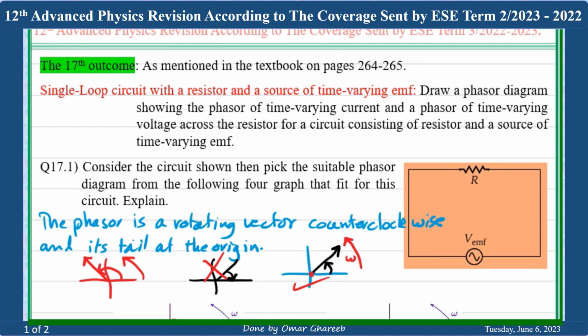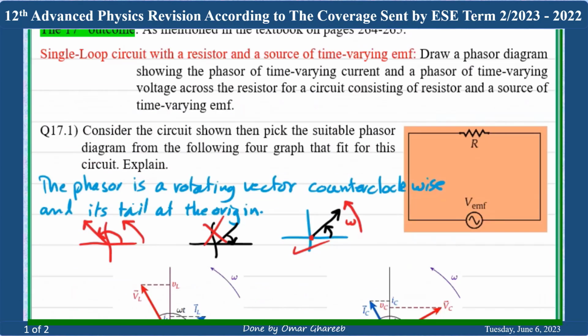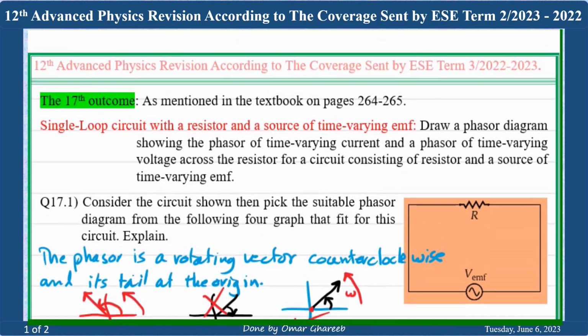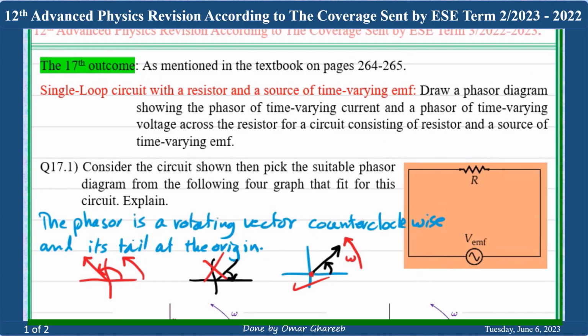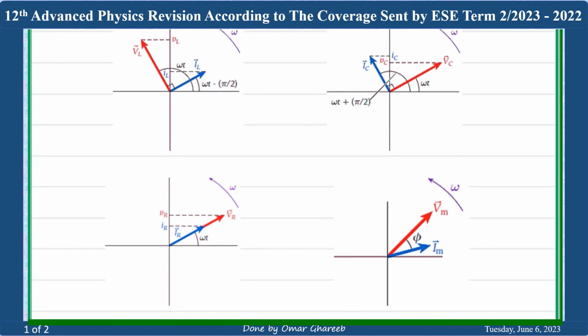Now, for R and an alternating current source, we mentioned they are in phase. So the phasor of the voltage should be in the same direction as the current phasor. Which one is correct?